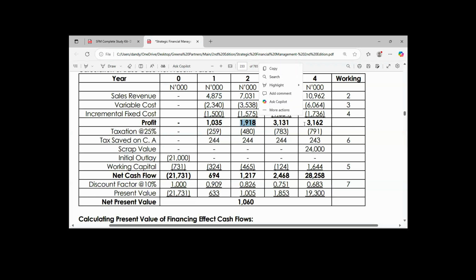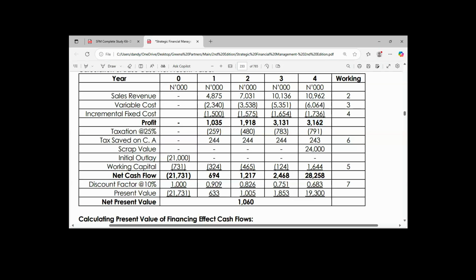The third year: 10,136 minus 5351 minus 1654 will give us 3131. Then for the final year: 10,962 minus 6064 minus 1736 will give us 3162. So that represents the taxable profits.